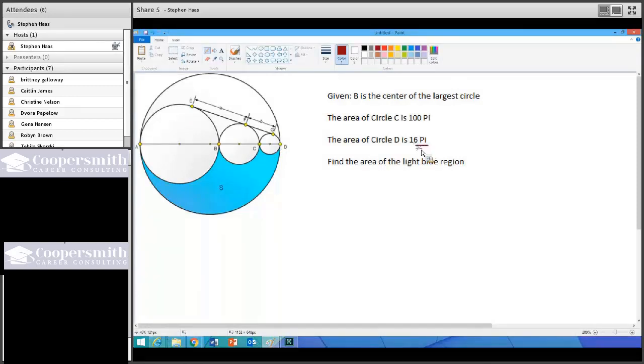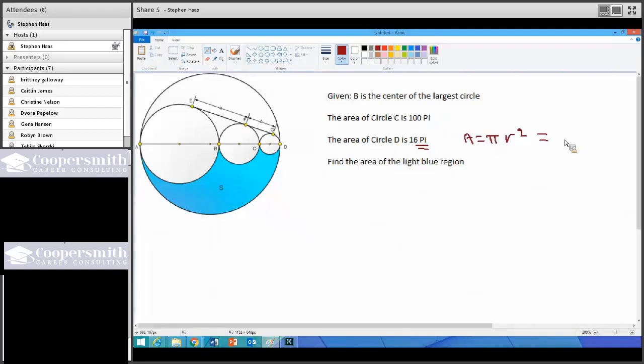Well, remember, the area is pi r squared. So the area of circle D is 16 pi. 16 is what squared? Not 8. 8 squared is actually 64. It's 4 squared, right? Okay. So that means the radius of circle D is 4.